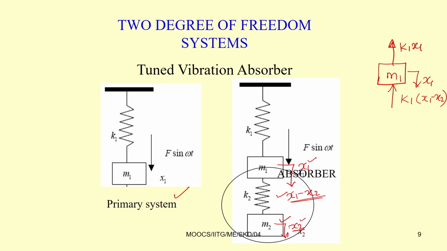So, our equation of motion can now be written. These are the two forces acting, and if we are applying Newton's second law, the net force will be K1 x1 plus K2 into x1 minus x2, that is K1 plus K2 into x1 minus K2 x2. This net force will be equal to m1 x1 double dot.